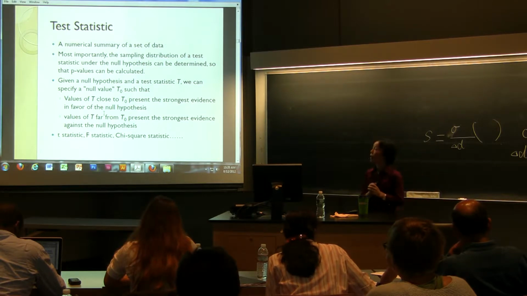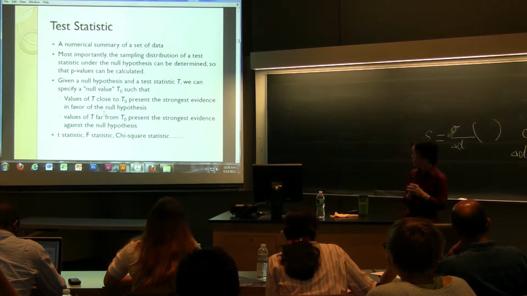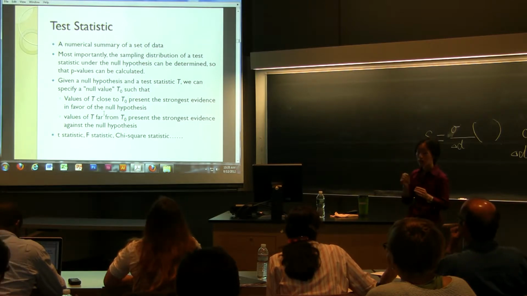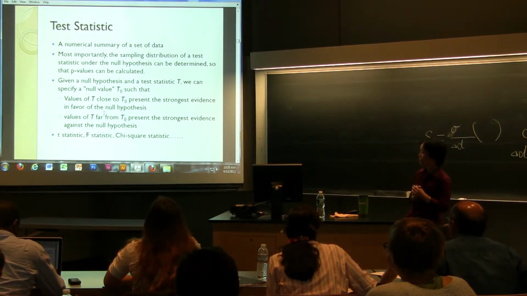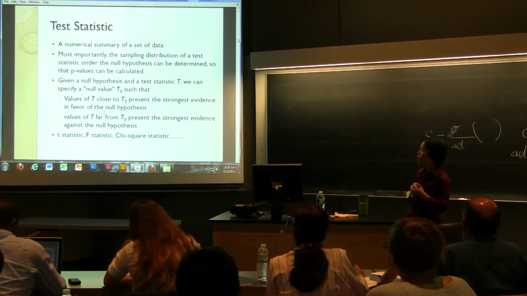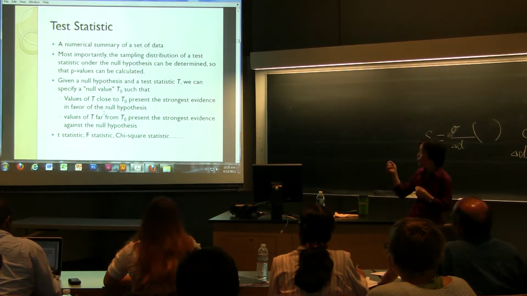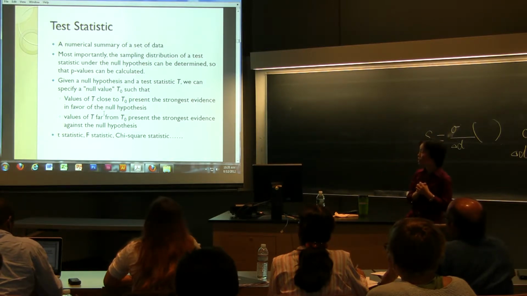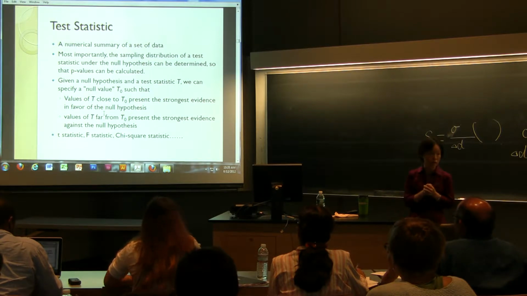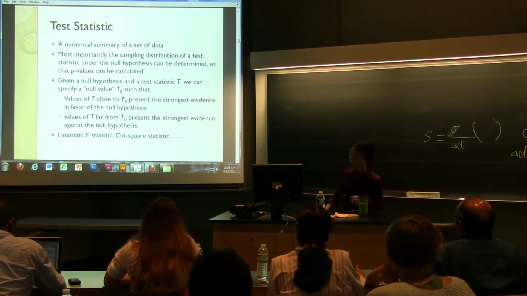Also, under the given null hypothesis, a test statistic has to meet the following criteria. A value of t close to t0 presents the strongest evidence in favor of the null hypothesis. If it is far from t0, it is against the null hypothesis, or in support of the alternative hypothesis.